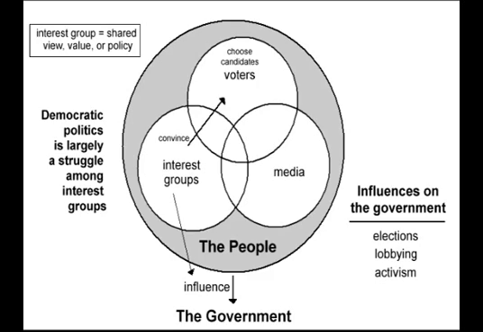Now, obviously, many people in the media are also voters, though not all, right? And also many people in the media are members of interest groups. They're not purely objective. In fact, one of the things that's changed with the rise of highly ideological media as well as with new media, where Zeke is part of the media too, and so am I, is that the overlap between interest groups and the media has become larger over time.